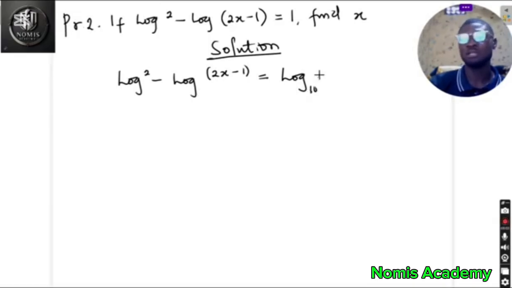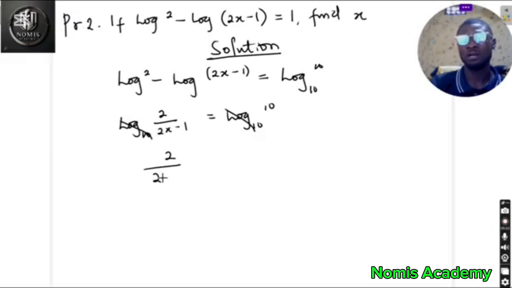So we can now say that we have log base 10 of 2 divided by 2x minus 1 equal to log 10 base 10. So I can now cancel out log from both sides, and I'll be left with 2 all over 2x minus 1 equals 10.